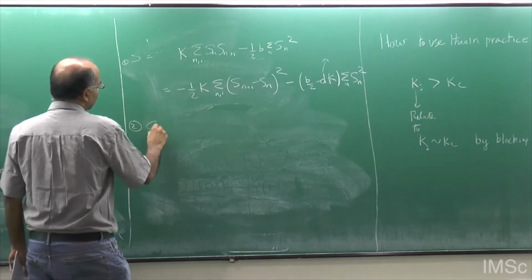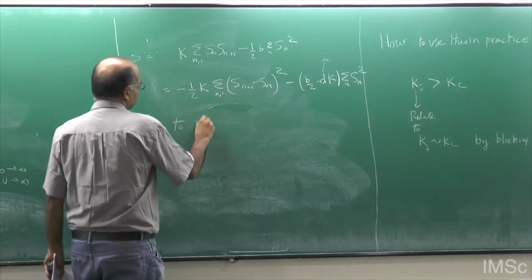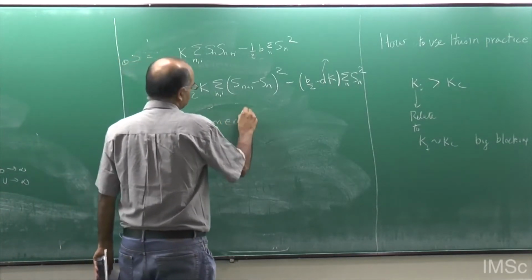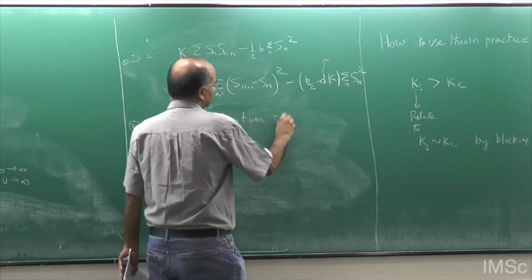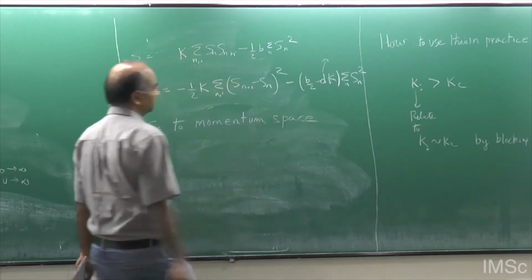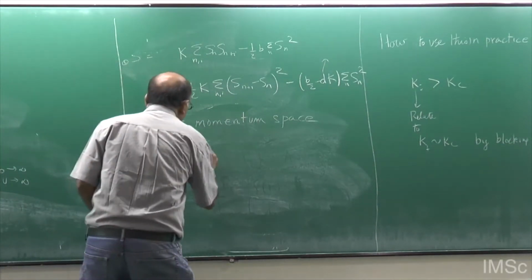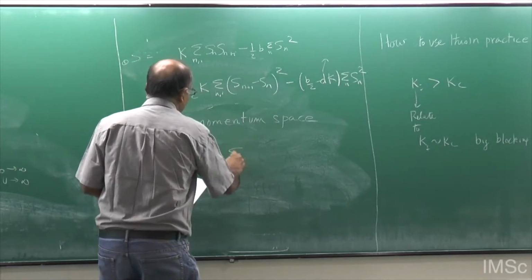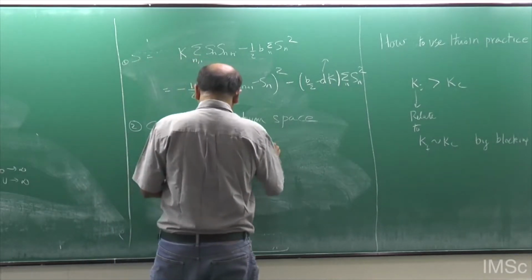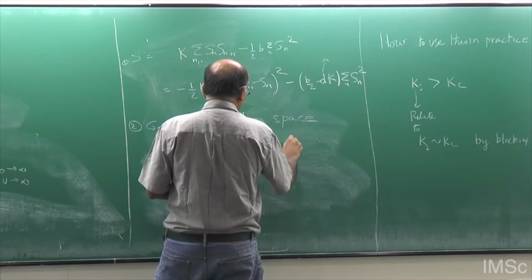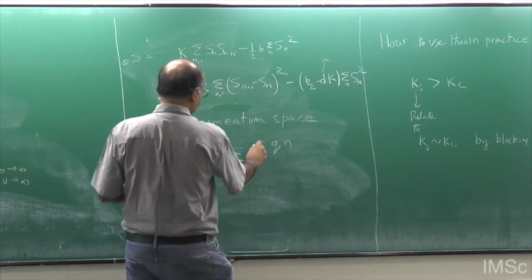Next step, go to momentum space. So we'll do a Fourier transform. Okay. So we'll define sigma q as sum over n e to the power of i q n. For some reason, Wilson puts a minus sign.